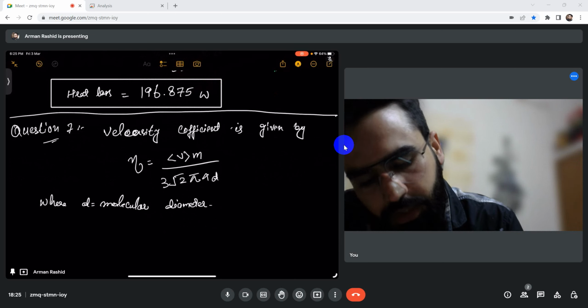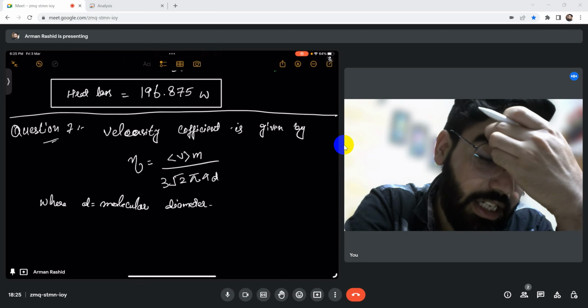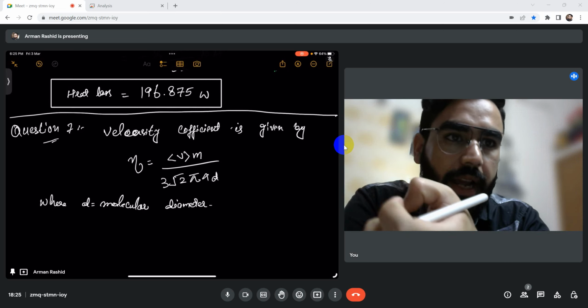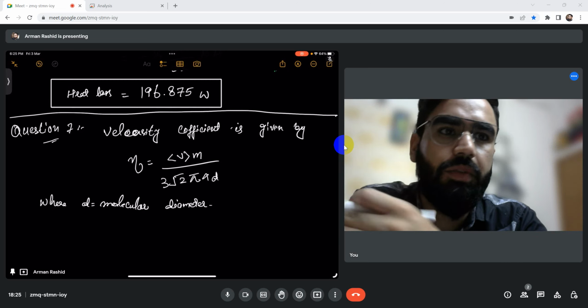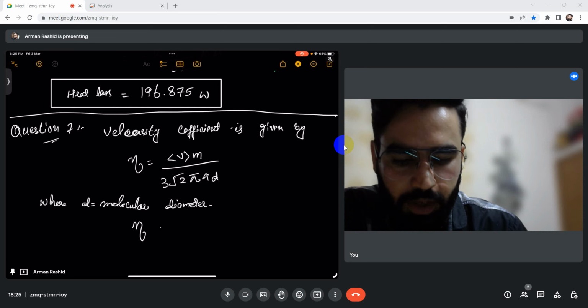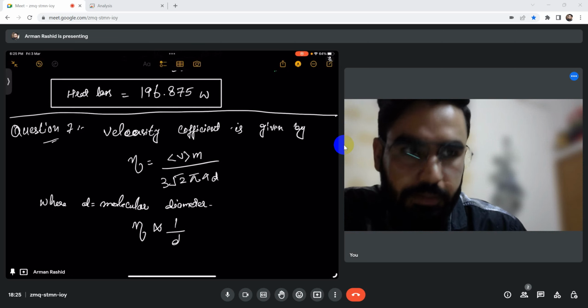Intuitively also, as the molecular diameter increases, it will face more drag. Since viscosity is a drag, the viscosity coefficient increases. So from this we can see that eta is directly proportional to 1 by d.